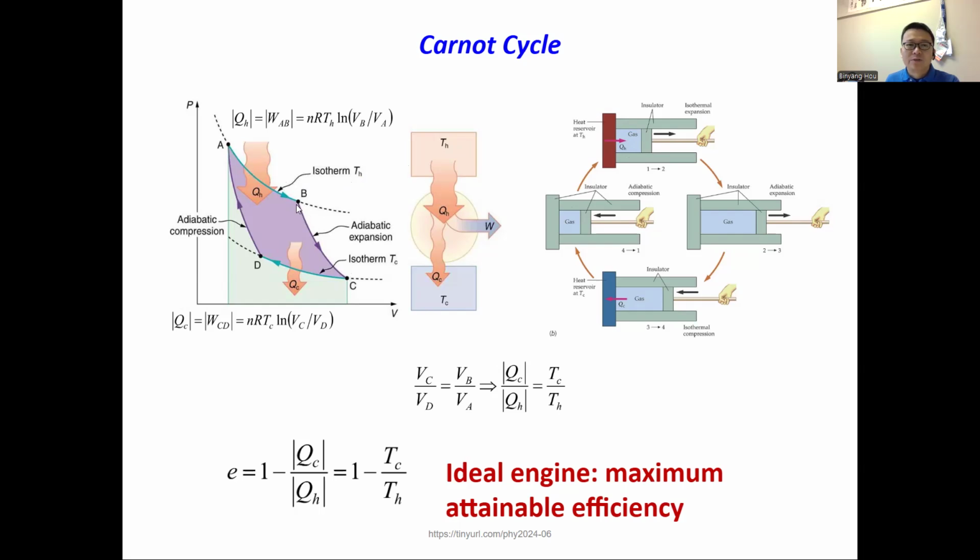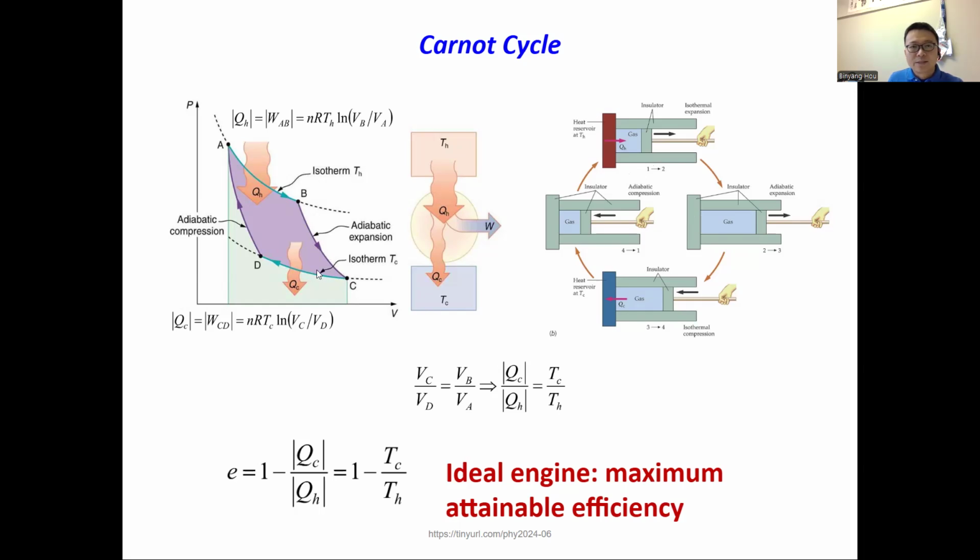All this you can calculate. For the isothermal, work done is nRT ln of final volume divided by initial volume, that we learned last time. This is also an isothermal process, and these two are adiabatic processes. That happens during two of these cycles. Adiabatic process means no heat escaped.